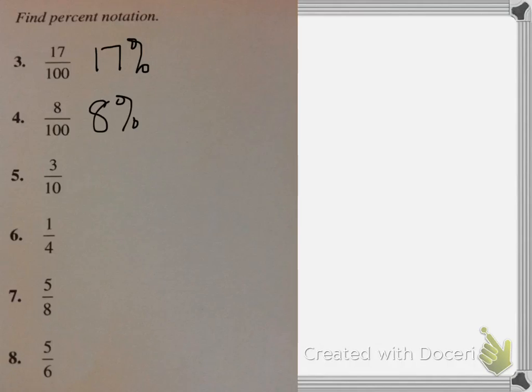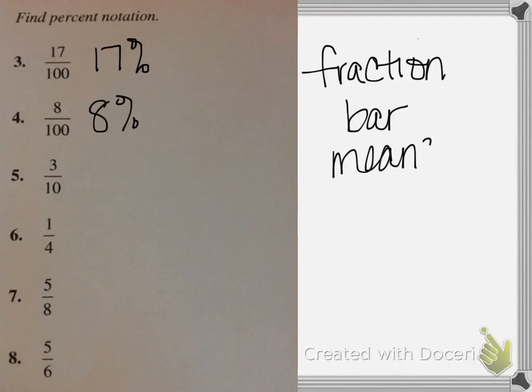So what we're going to do is start viewing the fraction bar as a division sign. That's really important that you recognize that the fraction bar means division. So we can view 3/10 as the same thing as 3 divided by 10.